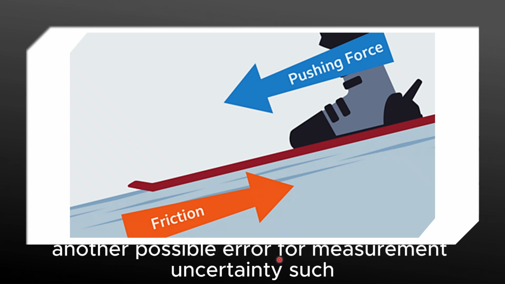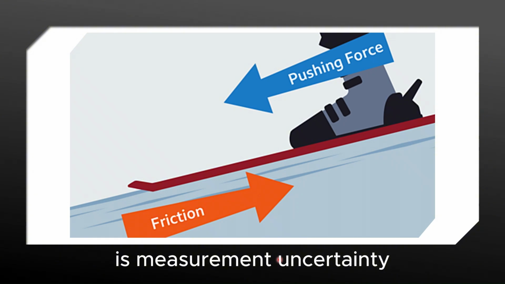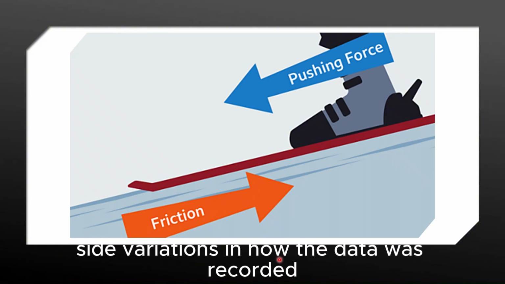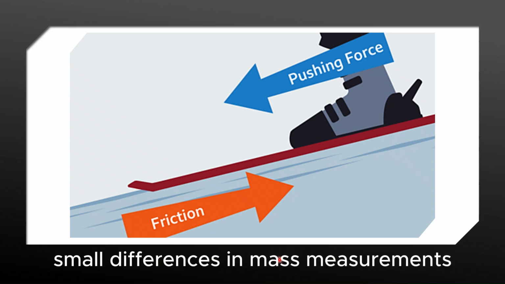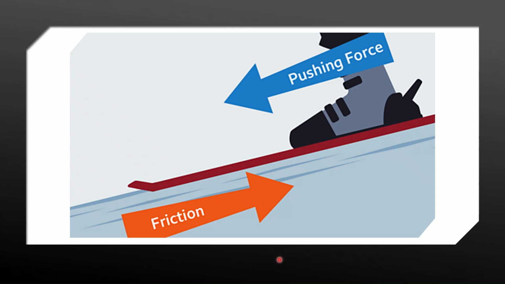Another possible source of error is measurement uncertainty, such as timing inaccuracies, slight variations in how the data was recorded, small differences in mass measurements, or alignment of the equipment, which could also affect these results.